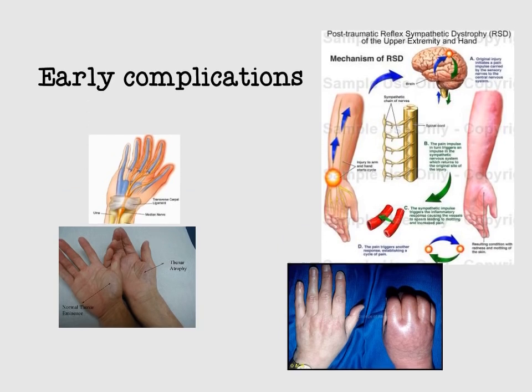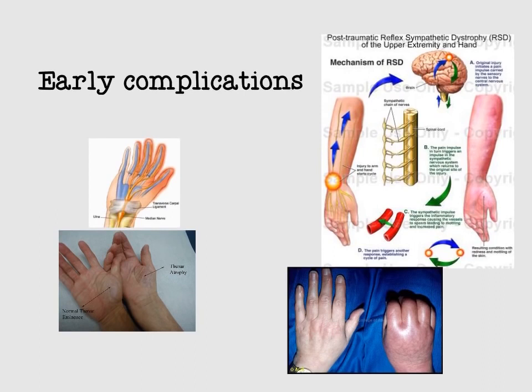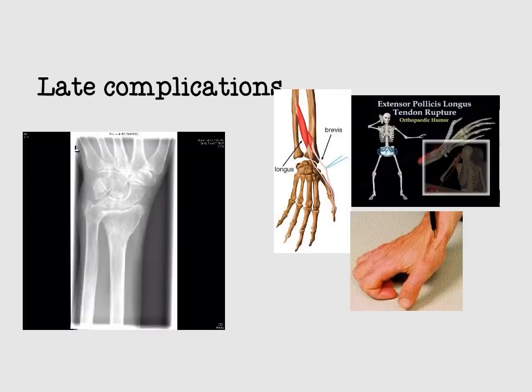These are two early complications: median nerve or neurovascular injuries, and post-traumatic reflex sympathetic dystrophy. What about late complications?